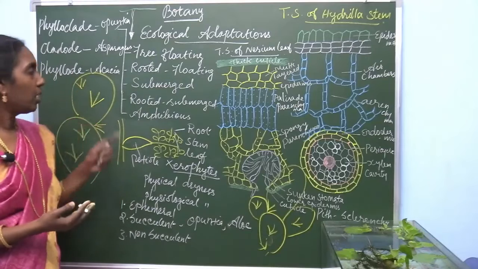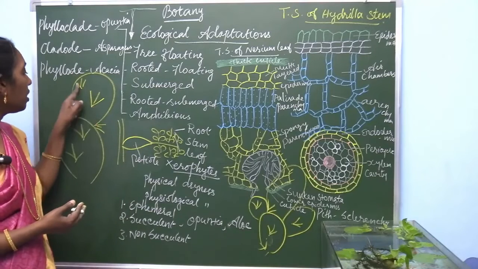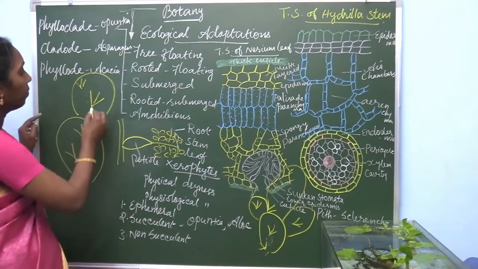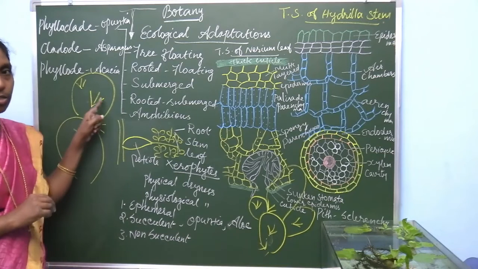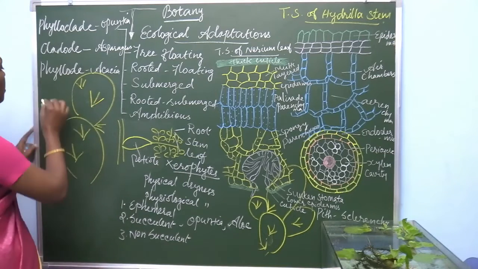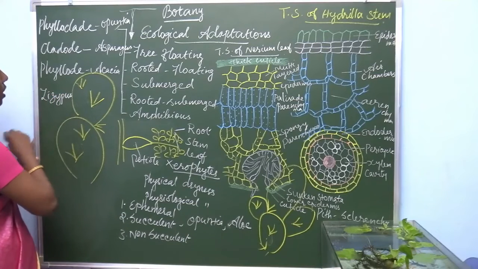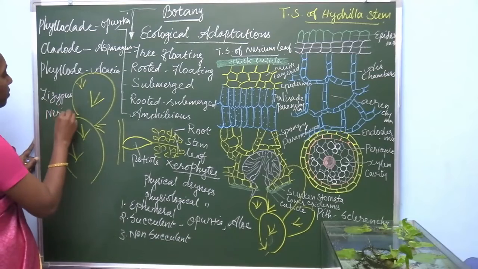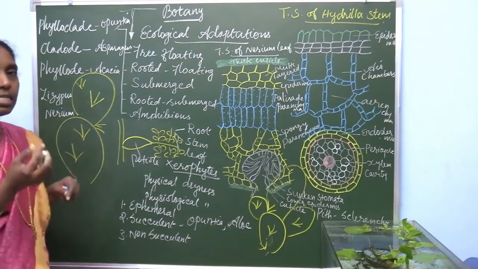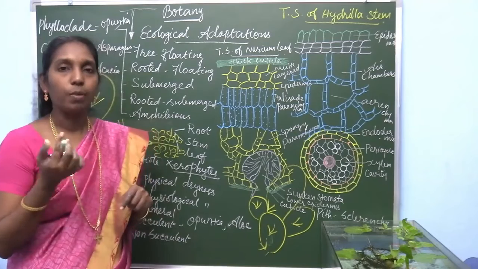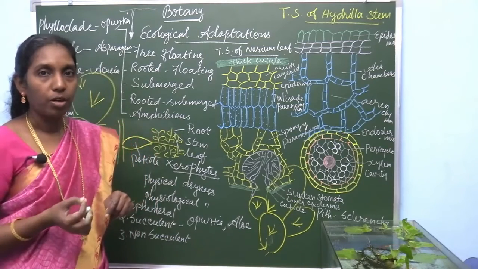What about the leaves? In most cases, the leaves are reduced into spines. These are spines. And in Ziziphus jujuba and Nerium: in Ziziphus, the stipules are modified into spines.